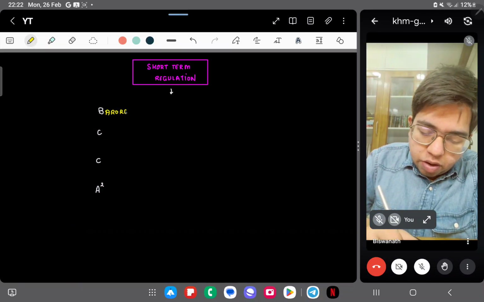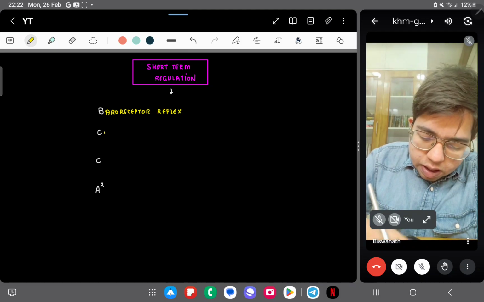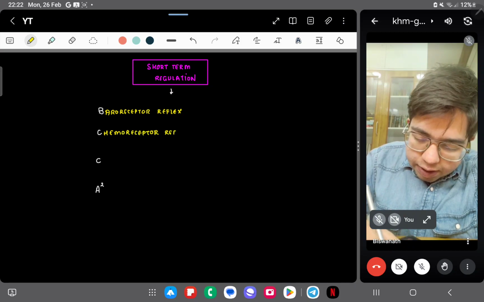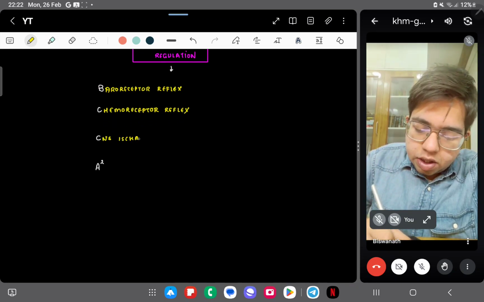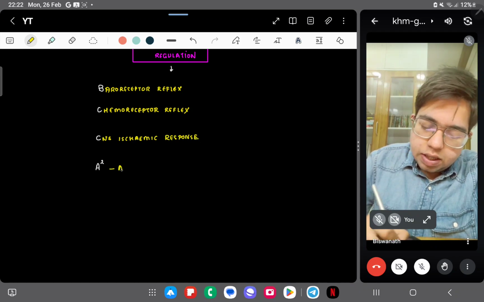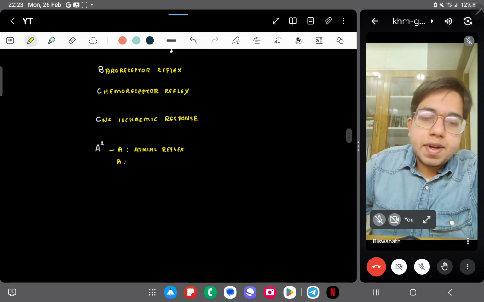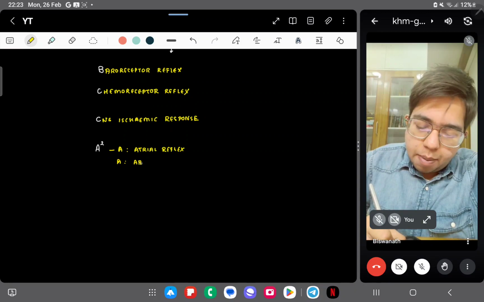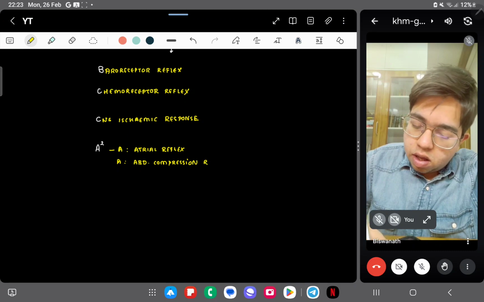So first one is the baroreceptor reflex, chemoreceptor reflex, CNS ischemic response, and this one A for atrial reflex, and another A is your abdominal compression reflex.